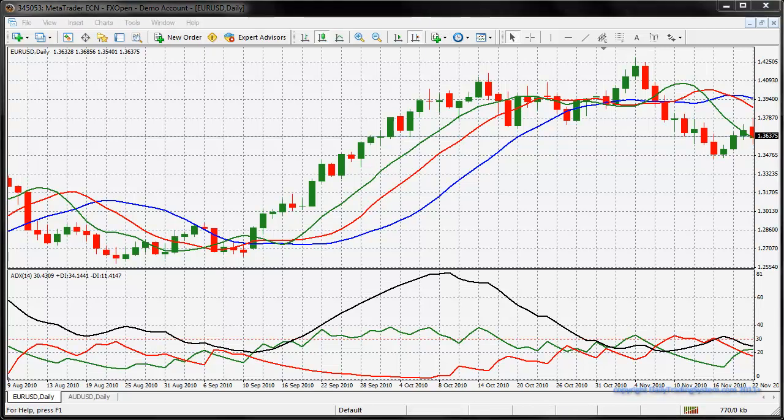Rather than acting when this black line penetrates that 30 level, I'm looking for this green line to break as well. My black one would be the first thing I'm looking at, and once that meets the requirement of a break of the 30, that's great. Then the next thing I'm going to look at is the directional index, and this one is the positive, so it does break above, and that's the second one.